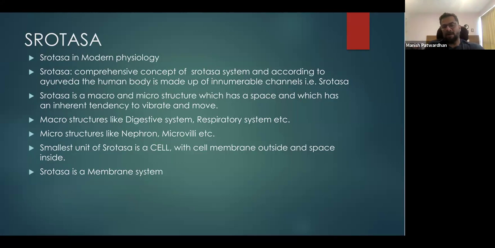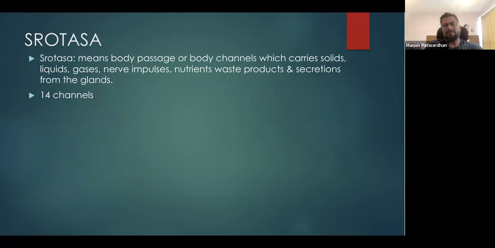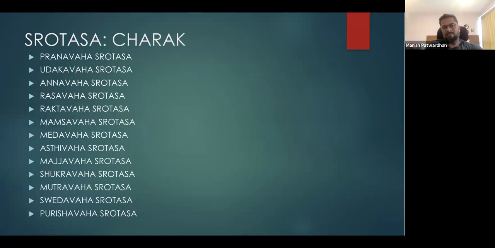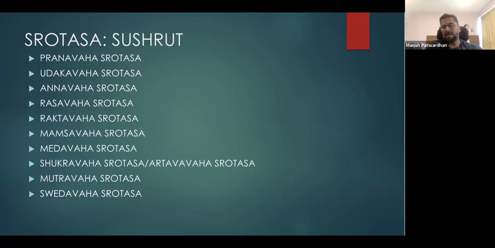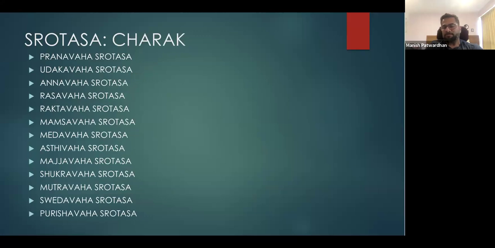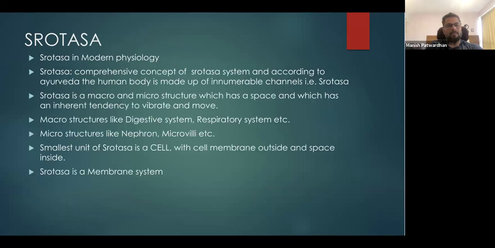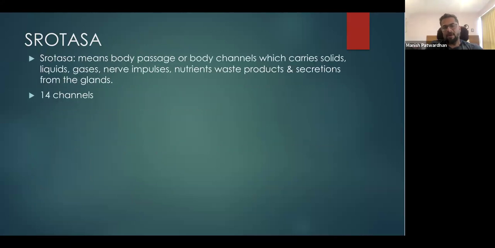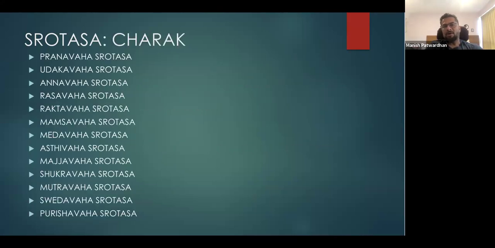Even though Ayurveda has given a specific number of channels, like Charaka has given 13 and Sushruta has given 10, the Western science talks about systems like digestive, respiratory, etc. Whereas Ayurveda talks about Pranavaha Srotas.